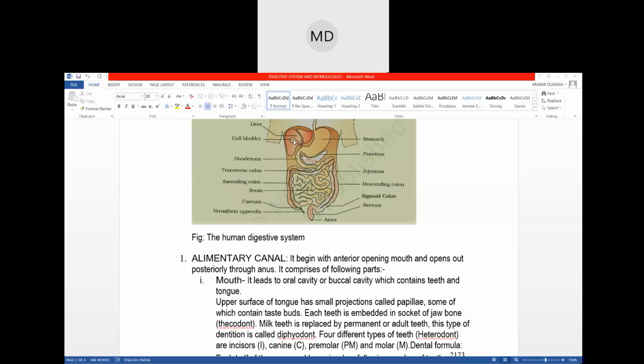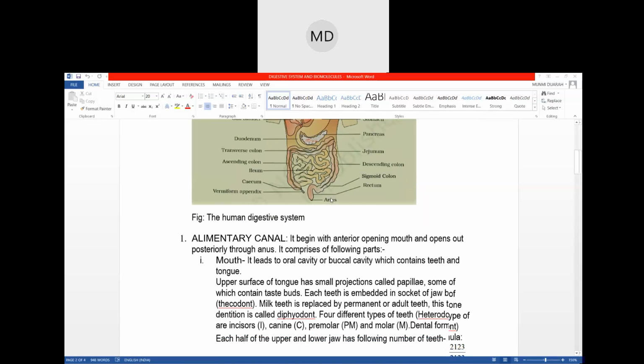So that is the bile, and that is stored in the gallbladder. Bile plays a very important role in digestion. So that is about the liver, and the liver is the largest gland.